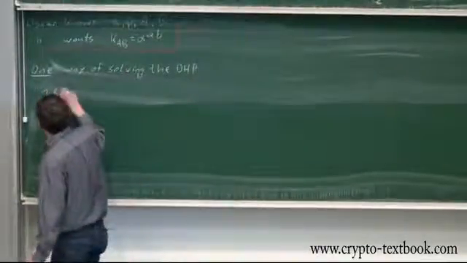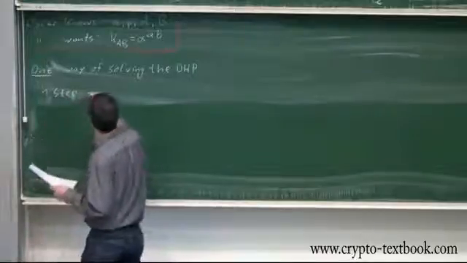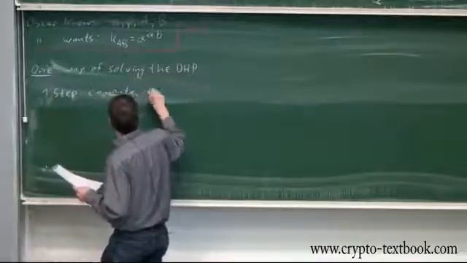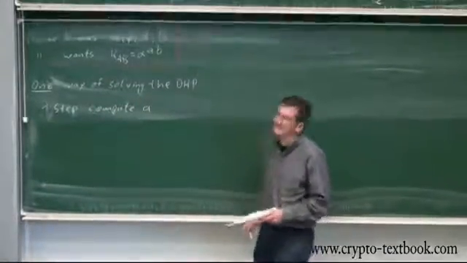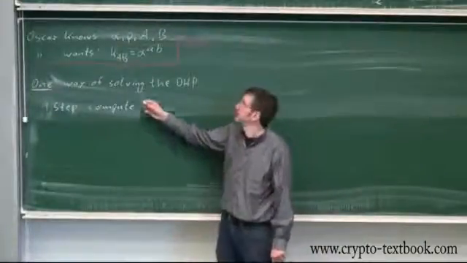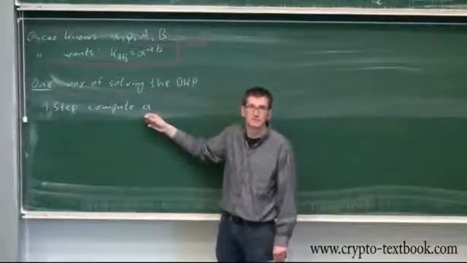So the first step: compute lowercase a. And from which parameter do we compute lowercase a? In which parameter is lowercase a contained here? What do you guess?